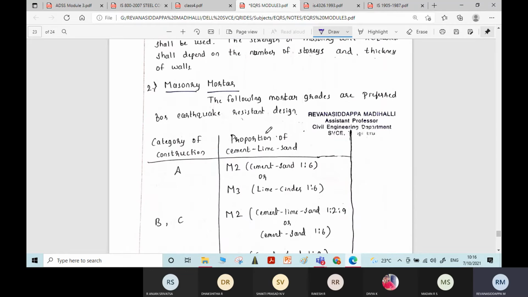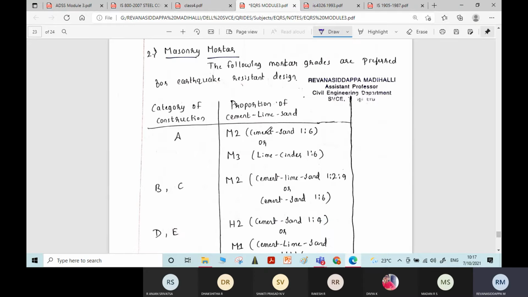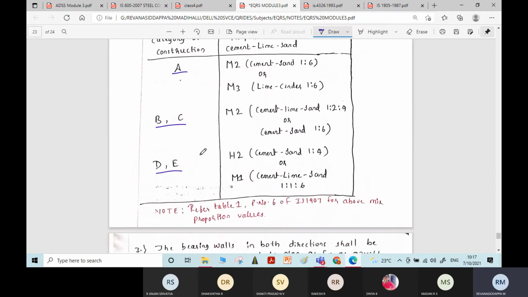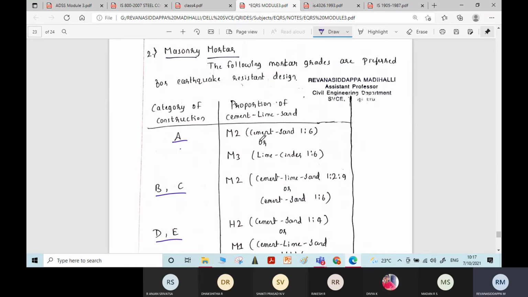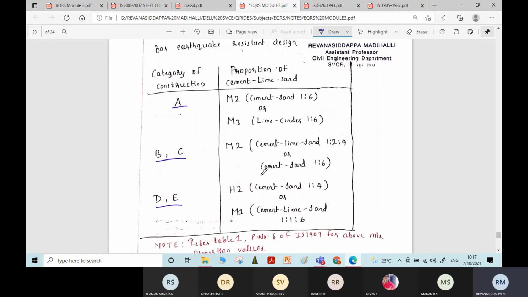Then coming to the masonry mortar, it is recommended depending upon the category of construction: category A, B, C, D, E. We have a total of five categories of construction, and for each category a separate mix proportion is mentioned: M2, M3, H2, M1.